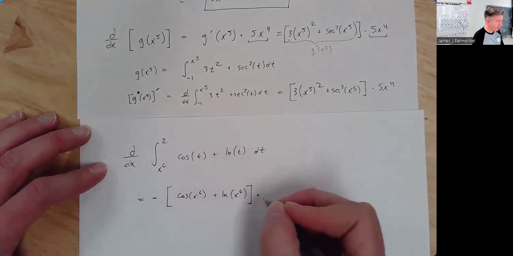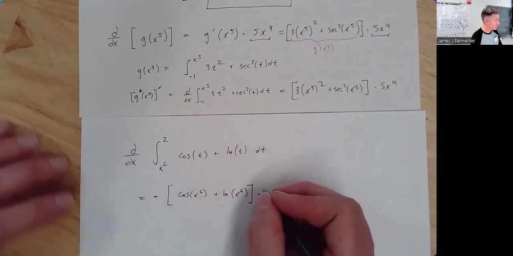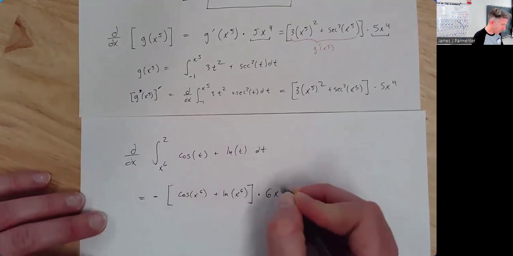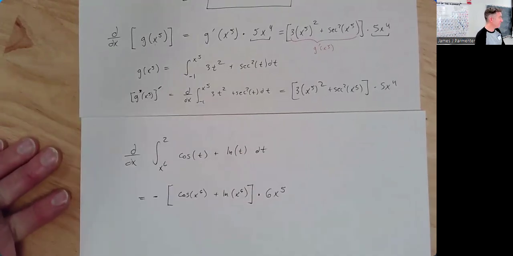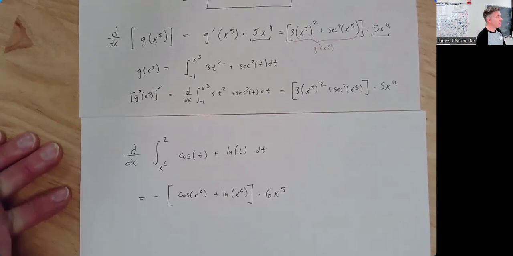And then we have to multiply by what? Exactly. The derivative of the inside, which is our x to the sixth. Which is the lower limit in this case, yes. But it's really just whichever limit happens to be the one that's variable.